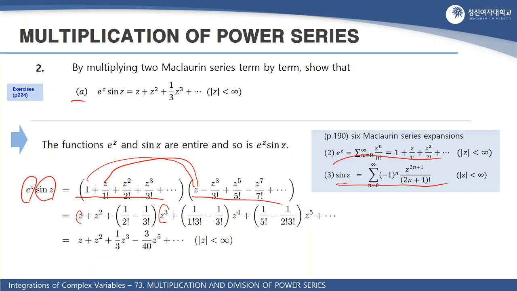For this, we consider these two terms, then multiplied, we get this 1 over 2 factorial, and also we get this result for the cubed powers, negative 1 over 3 factorial here.